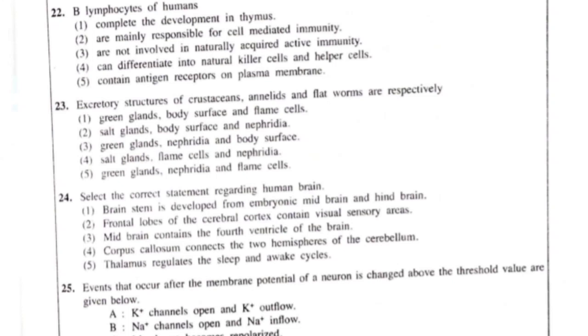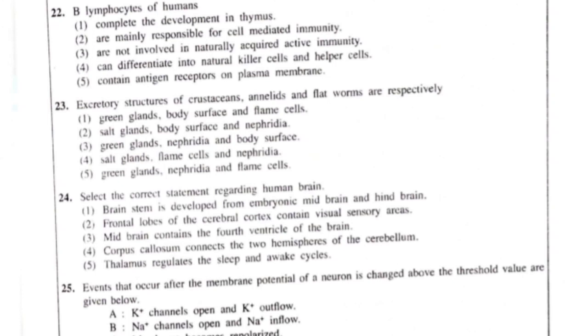Question number 22 is about excretory structures of crustaceans, annelids and flatworms. So flatworms means platyhelminthes. So if we consider the excretory structures, body surface is used by Cnidaria. Then flame cells. Flame cells are also called protonephridia. They are used by flatworms.